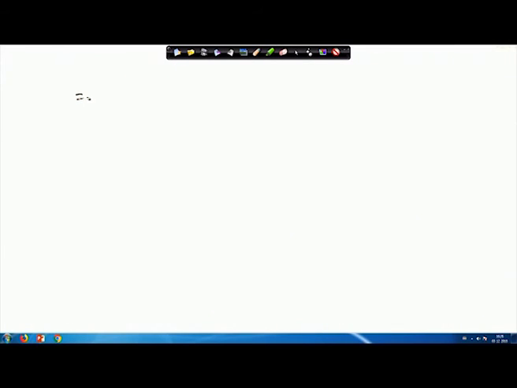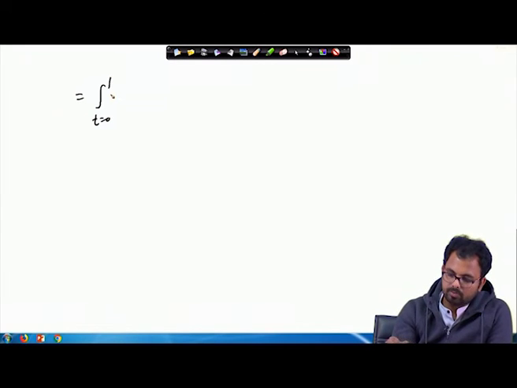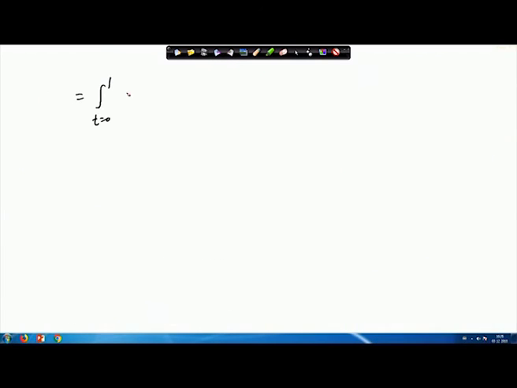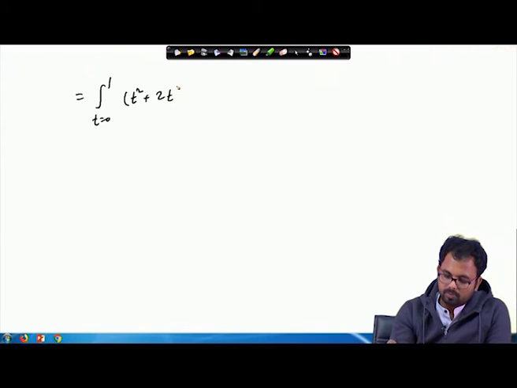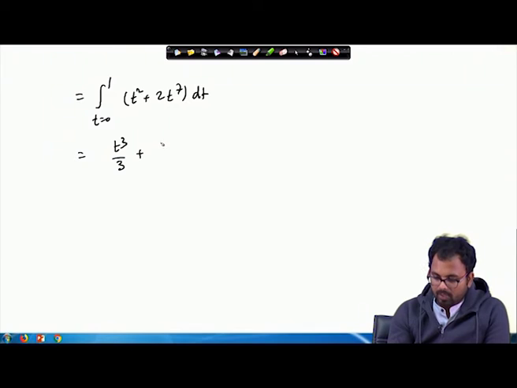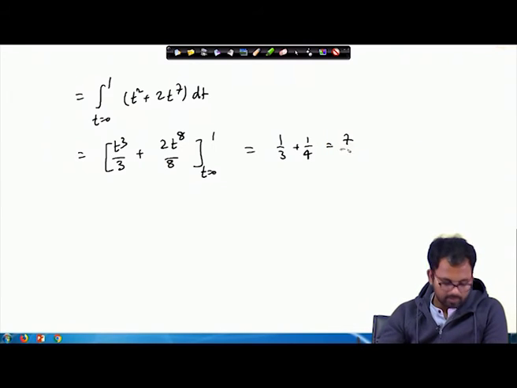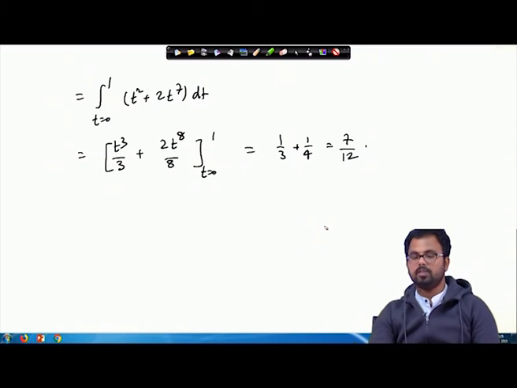Now, we take the dot product, and this will be the integral from 0 to 1 of t squared plus 2 t to the power 7 dt. When we integrate, this will be t cubed over 3 plus 2 t to the power 8 over 8, evaluated from 0 to 1. So, this will be 1 by 3 plus 1 by 4, that means 7 by 12. So, this is the required answer.